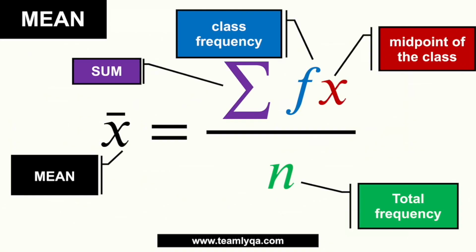So, yung estimated mean natin or yung mean natin, yung x na may bar sa taas, magiging formula niya is yung sum. Ito yung ibig sabihin nitong symbol na to. So, sum, ibig sabihin i-add mo lang sila lahat. Yung summation ng lahat ng class frequency. Okay, ibig sabihin ilan yung mga pumasok doon sa class na yon or sa range na yon.